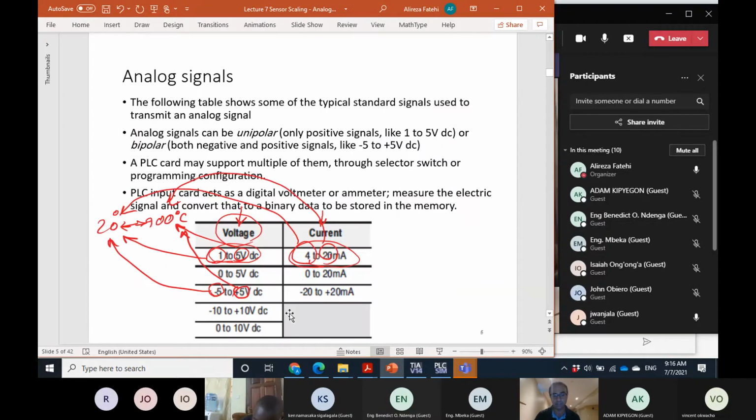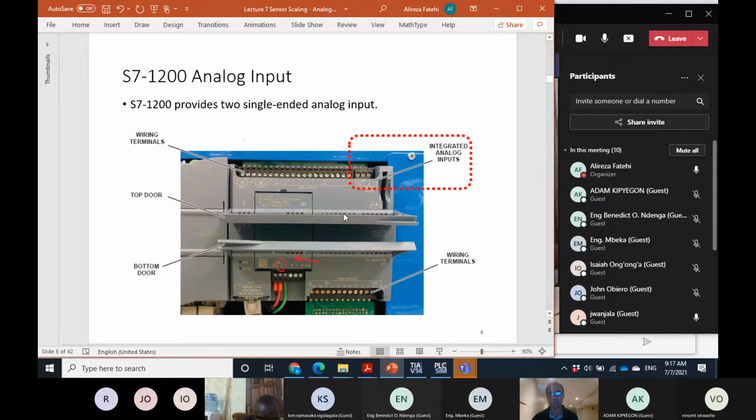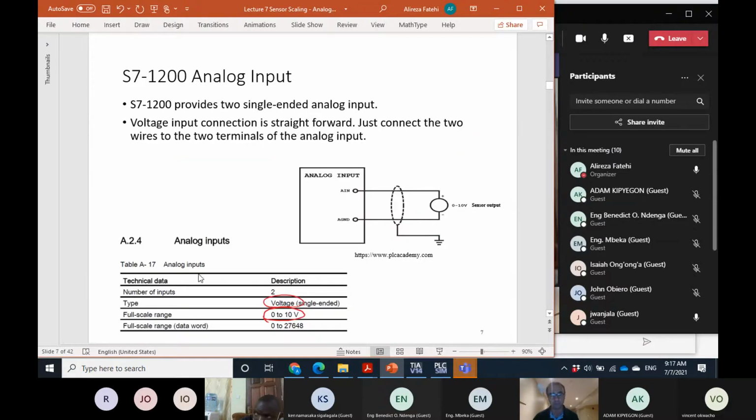Out of these tables, this is the signal that is supported by this 1200 Siemens PLC, the one that we work with. It does not support others. Generally, advanced PLCs support more than one standard, but for these simple PLCs, it is sufficient.